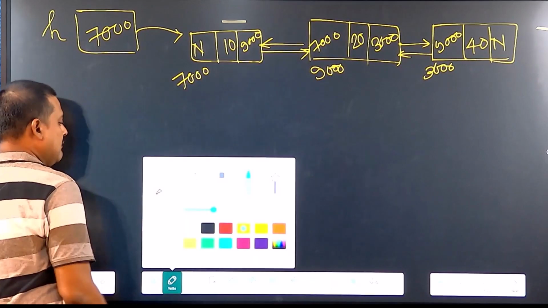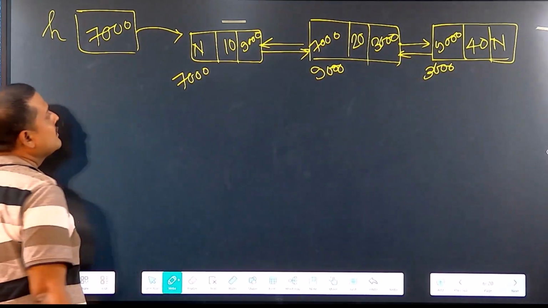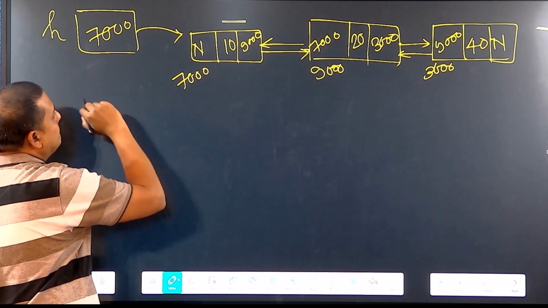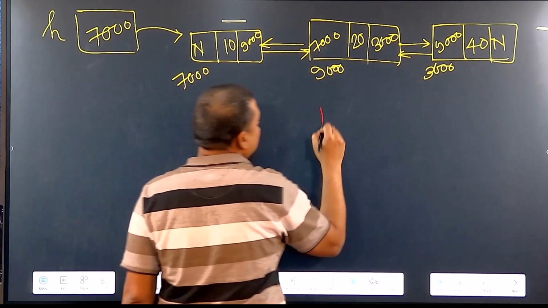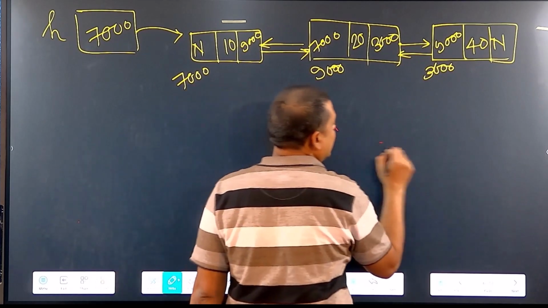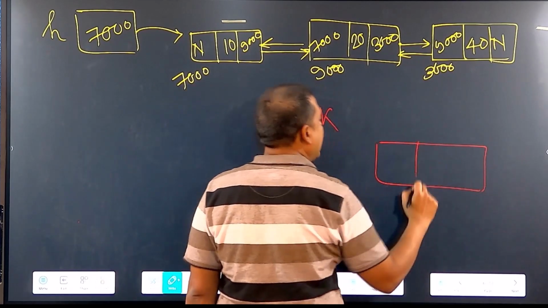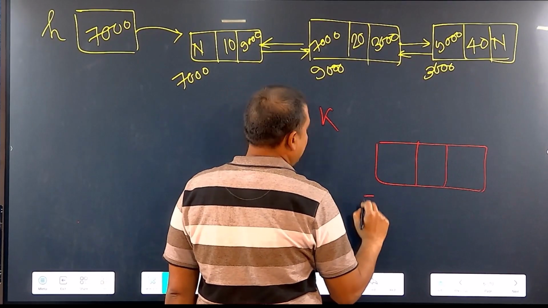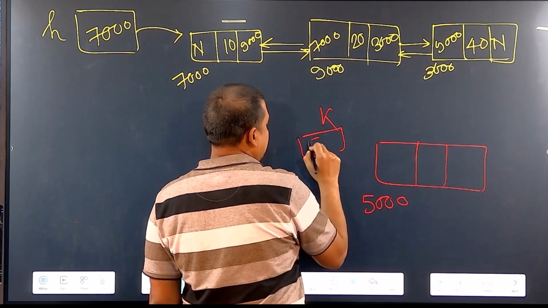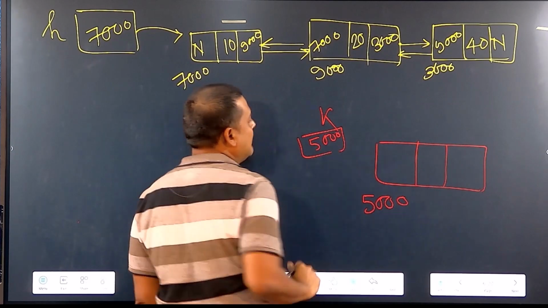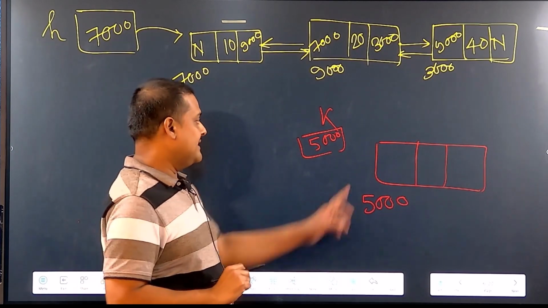Now, we are trying to insert a new value. This is my k now, I have created a new node at this location, and 5000 is the base address. So, k is holding the base address, 5000, of this place.